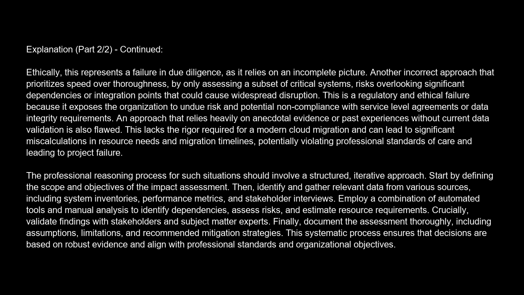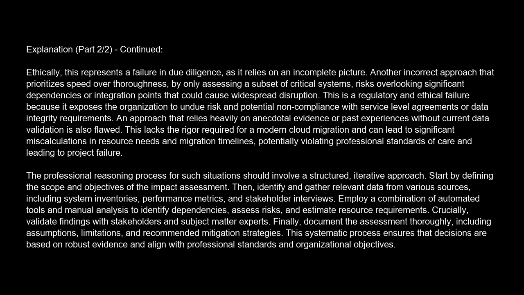The professional reasoning process for such situations should involve a structured, iterative approach. Start by defining the scope and objectives of the impact assessment. Then, identify and gather relevant data from various sources, including system inventories, performance metrics, and stakeholder interviews. Employ a combination of automated tools and manual analysis to identify dependencies, assess risks, and estimate resource requirements.